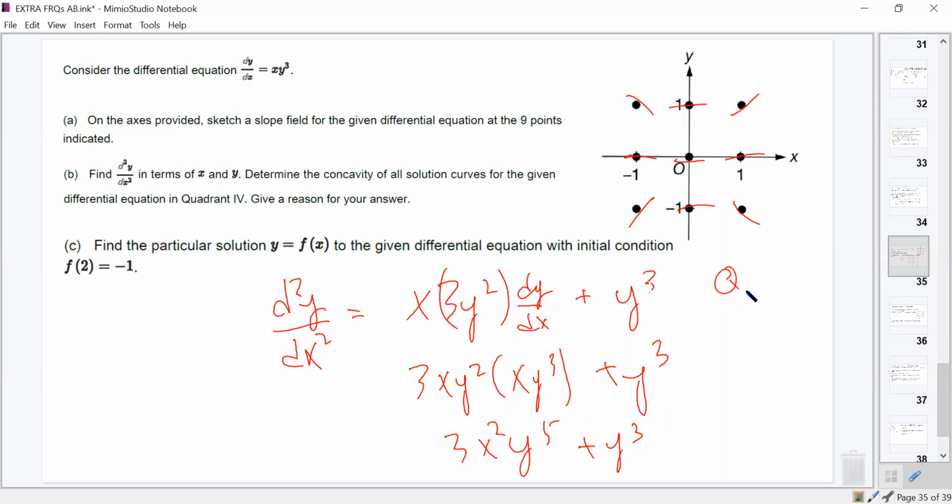So they'd want you to note that in quadrant 4, x is positive and y is negative. And so if you have a y value that's negative and an x value that's positive, 3x squared is positive, but y to the 5th is negative. So you've got a negative plus another negative, which is definitely going to be less than 0.